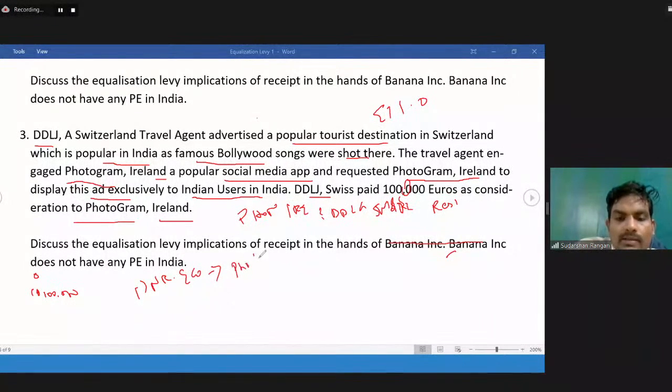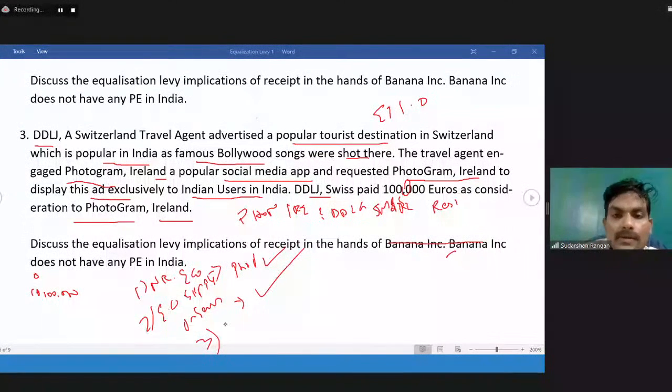Photogram is an e-commerce operator, satisfied. Then, whether e-commerce supply or services. The question is whether this will amount to provision of services. There is a very high possibility of provision of services because Photogram provides services like displaying ads. So therefore it may come because the wordings are so interesting.